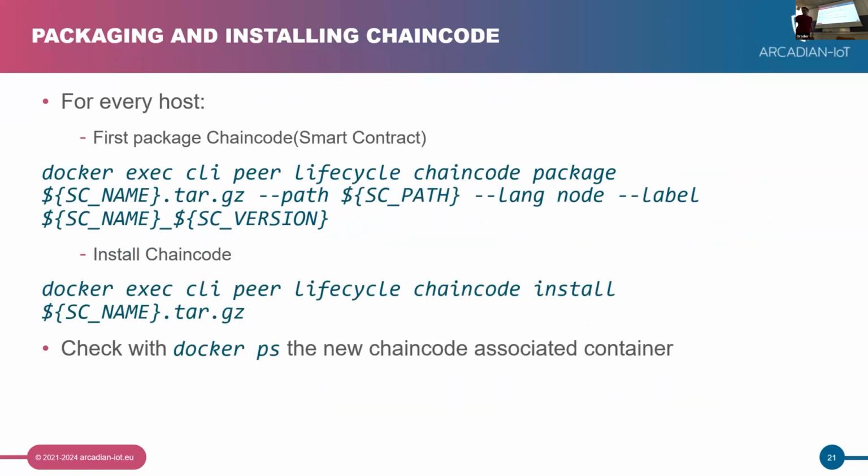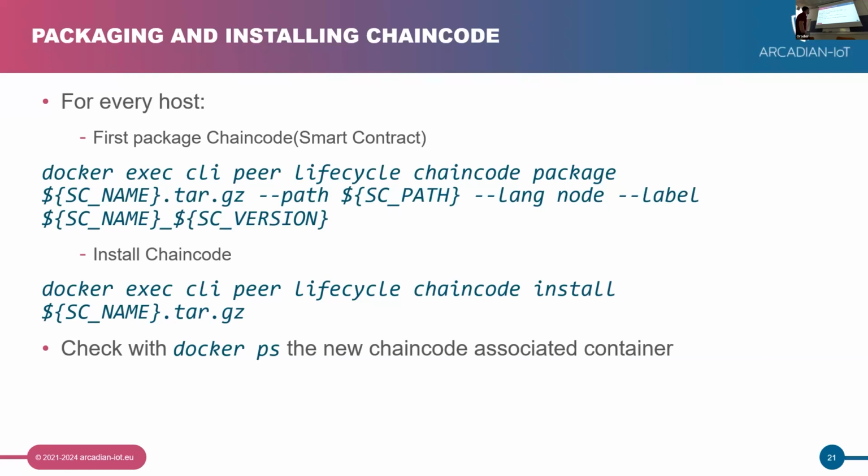And then we have to package and install the chain code. The chain code at first is source code, so you will have to package it in order to install it. To simplify, I use environment variables, so it has a more readable command.